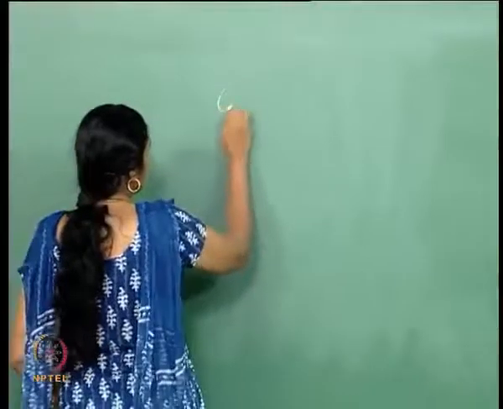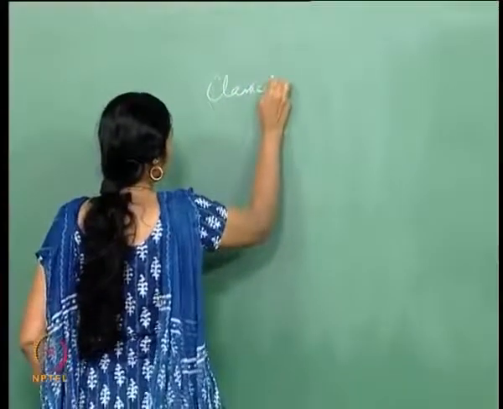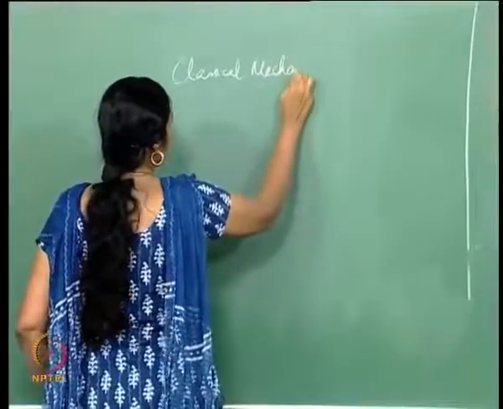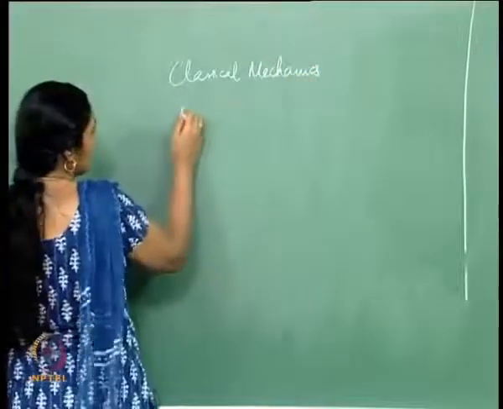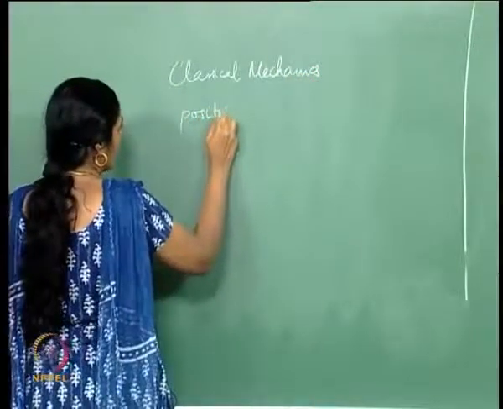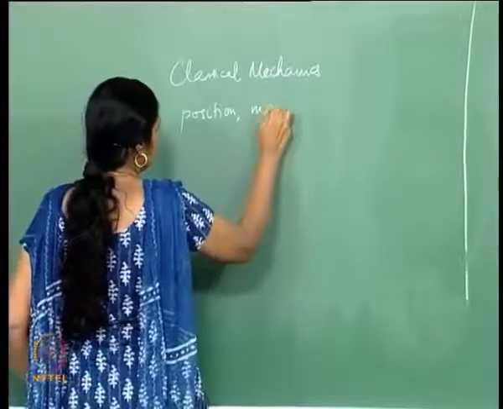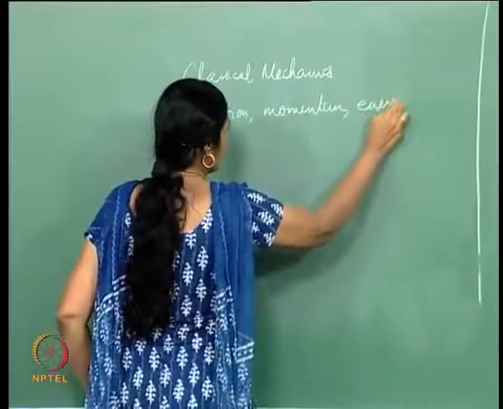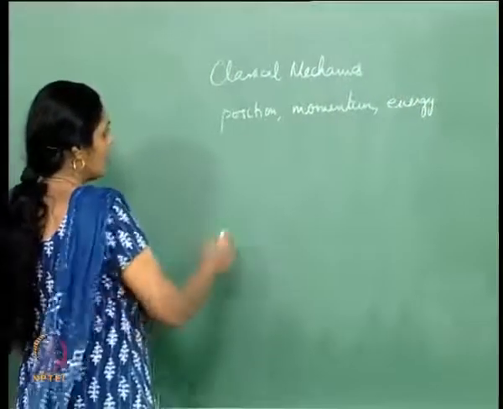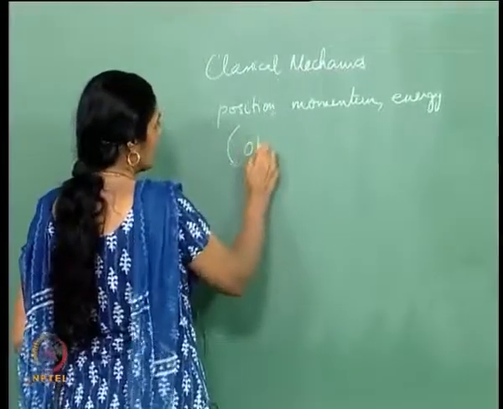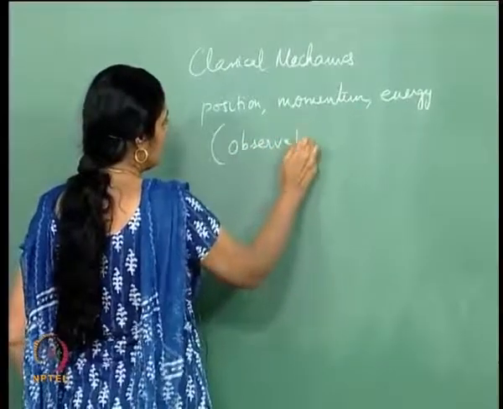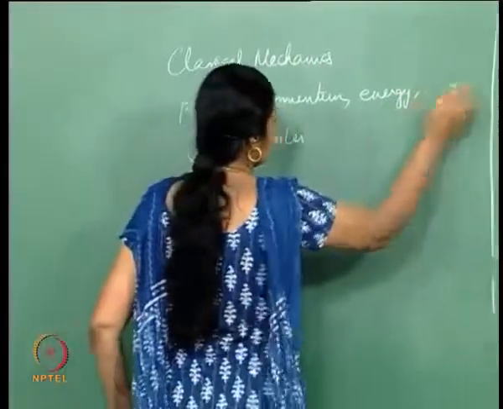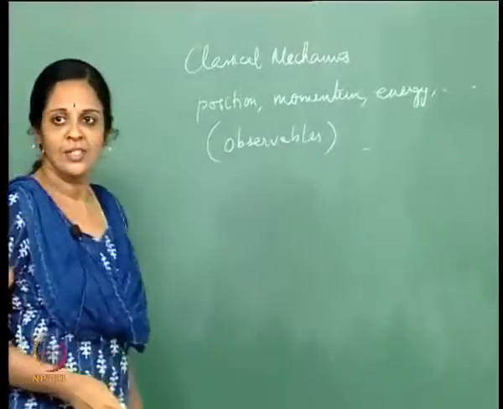In classical mechanics, we are familiar with objects that can be experimentally measured, like position, momentum, energy, and so on. Now, these objects are the observables in an experiment.